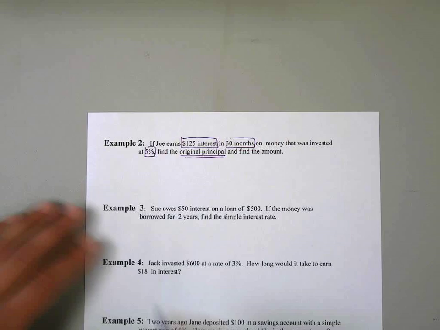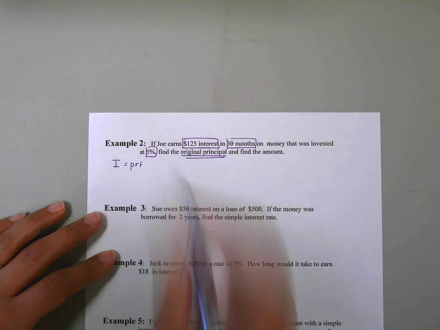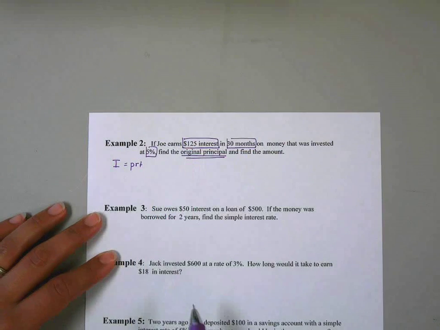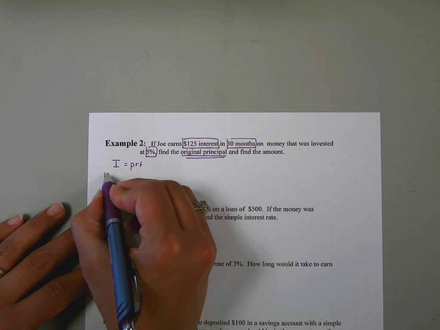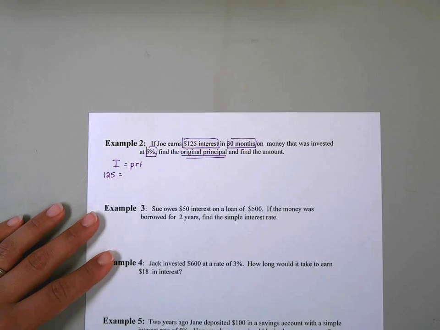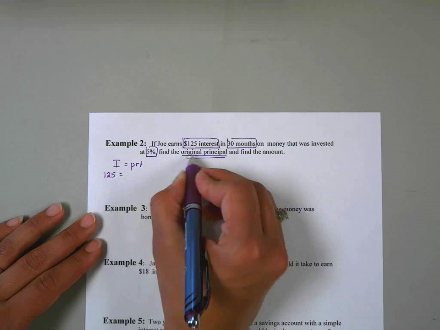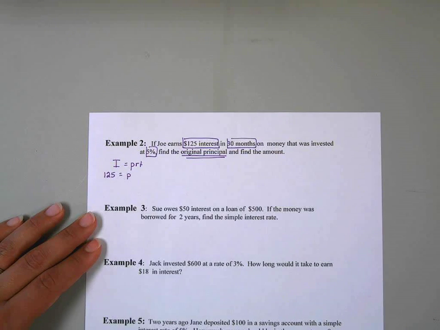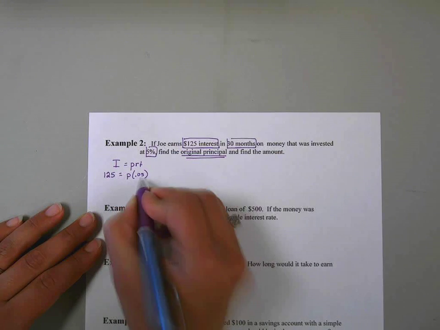So I'm going to write my equation, my formula, I equals PRT. It says Joe earns $125 in interest. So that's going to be my I, 125. We do not know the principal. We're looking for the original principal, so I'm going to have P. 5% is my rate. That's 0.05.